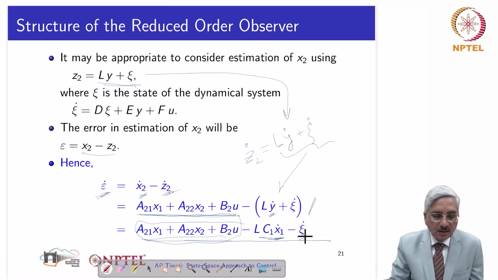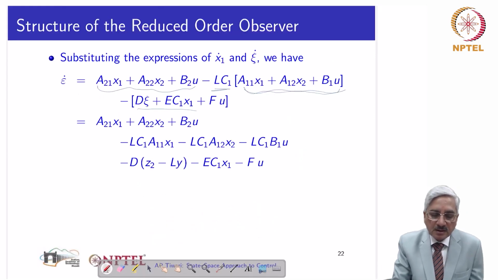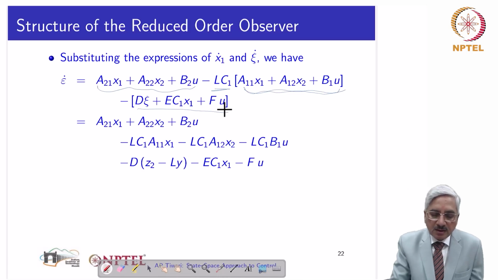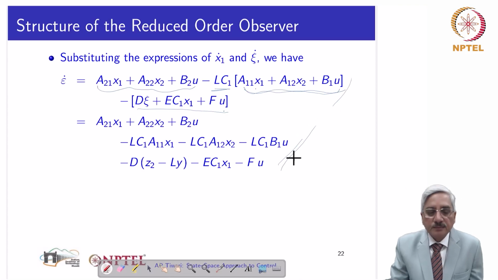This xi dot comes from here, D xi plus Ey plus Fu, that we substitute for xi dot. And now we collect the terms. Before that we open this and rewrite it like this.